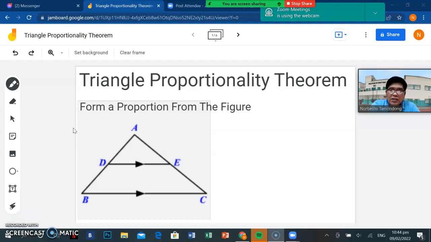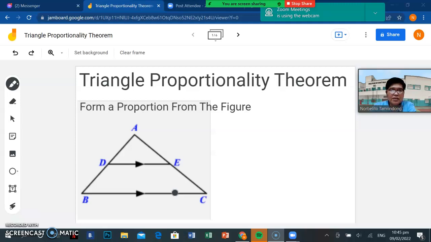So in this topic, I will teach you how to use the basic proportionality theorem in solving triangles. First, we must know how to form a proportion based from the triangle given.